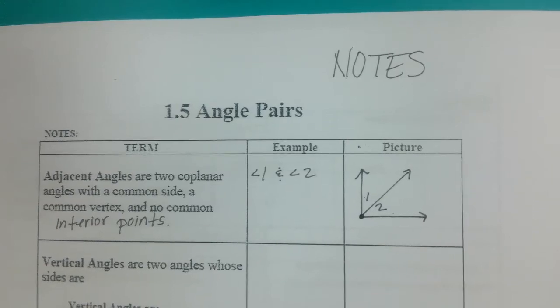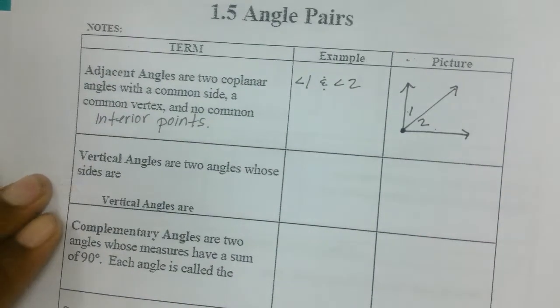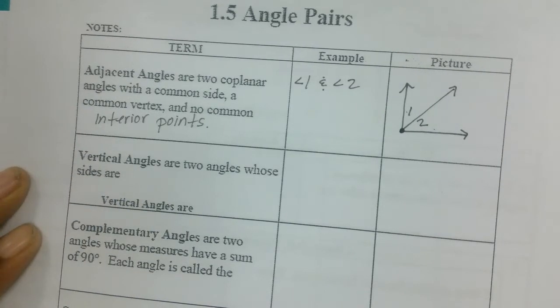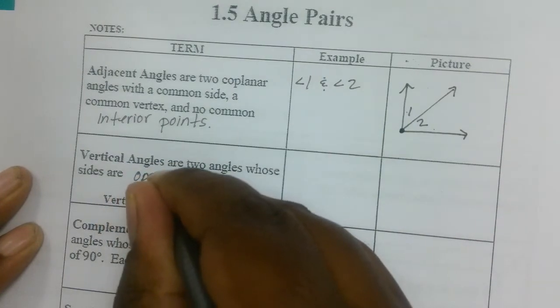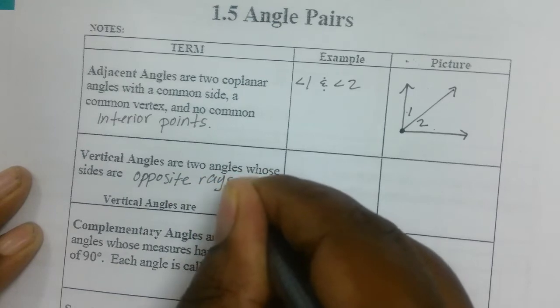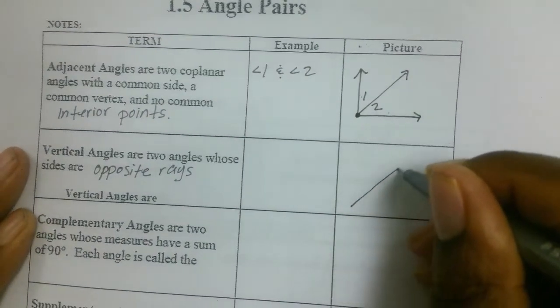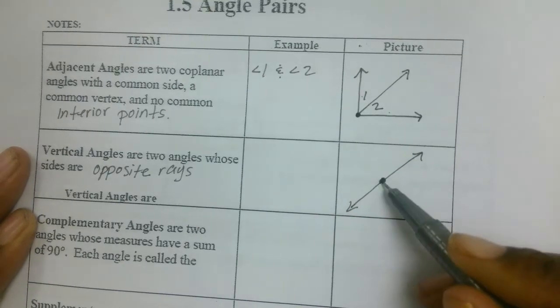Our next one is vertical angles. Vertical angles are two angles whose sides are opposite rays. If I have a point here, these are opposite rays.